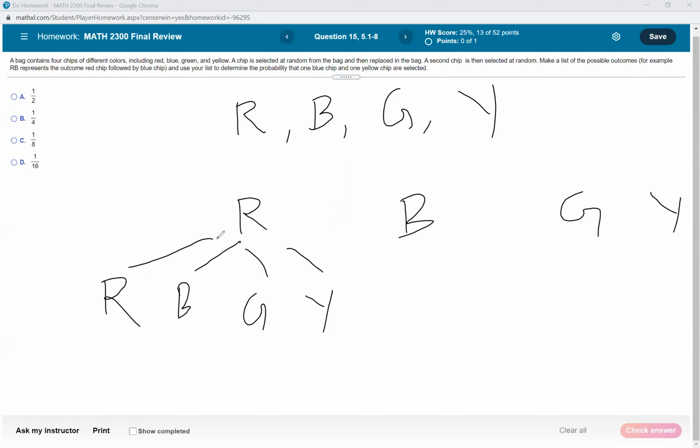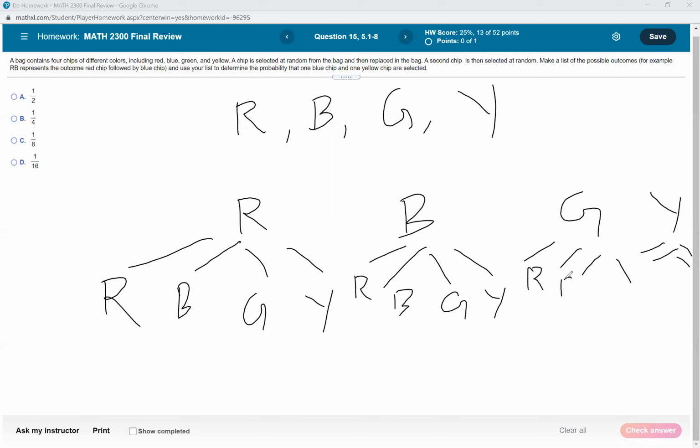So for each one, we'll have 4 outcomes, and similarly for this one and this one. We can select red, blue, green, yellow. So the total number of outcomes is 16, right?